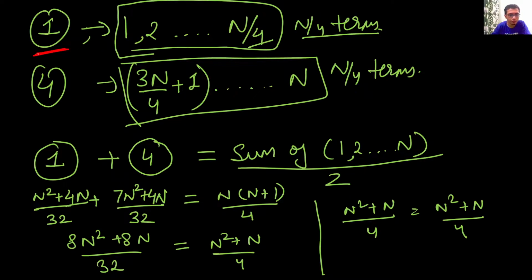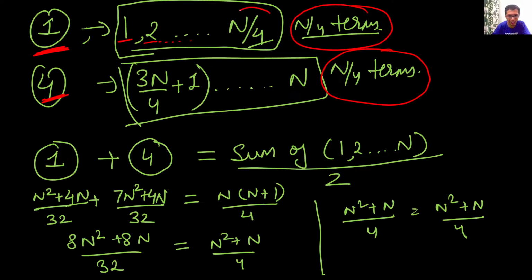The first part and the fourth part would have an equal number of elements, that is n by 4. The first part would start from 1 and go till n by 4. Similarly, the fourth part would start from 3n by 4 plus 1 and go till n.